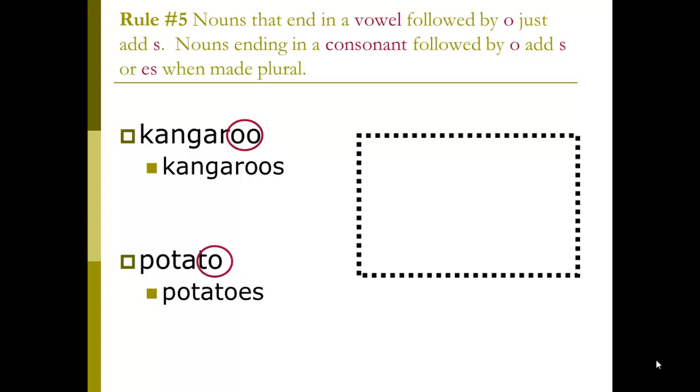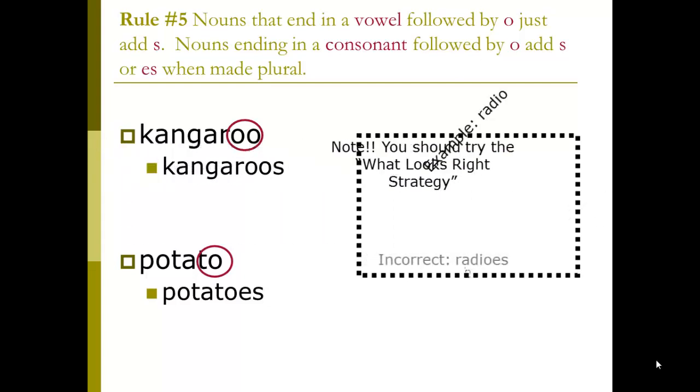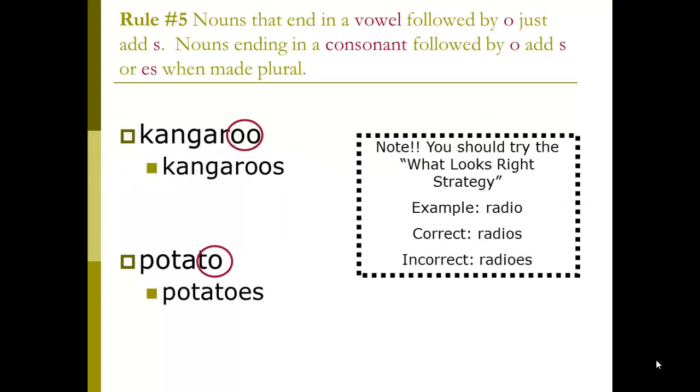Rule number 5, nouns that end in a vowel followed by O, just add S. When nouns end in a consonant followed by O, we sometimes add S or ES when we make it plural. Sometimes we just have to try the what looks right strategy. Write it down, see if it looks right.